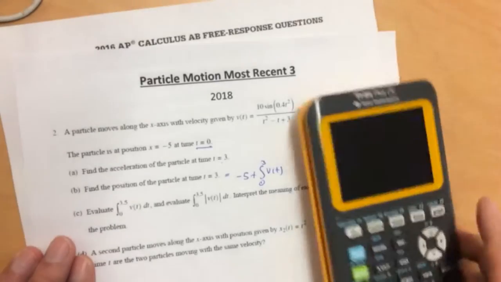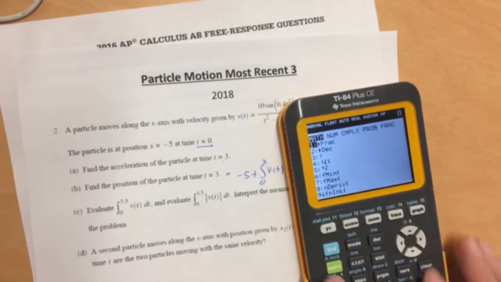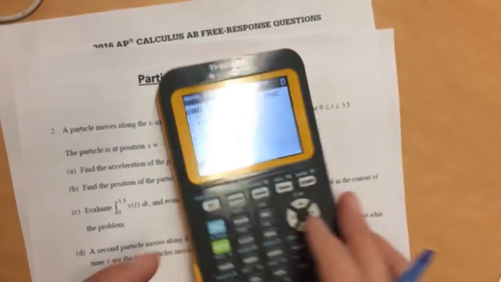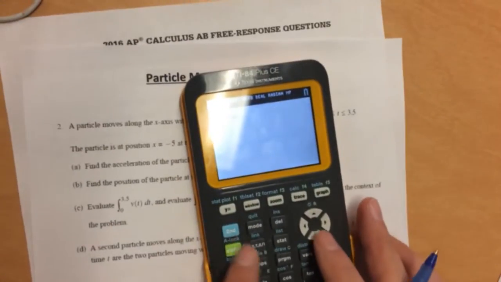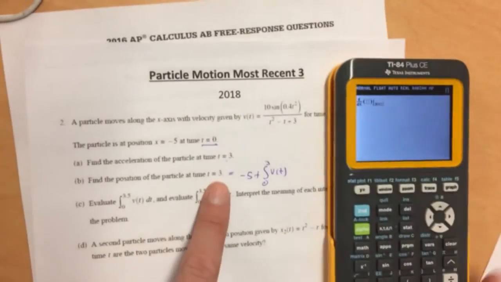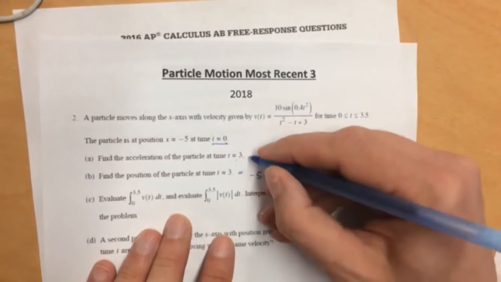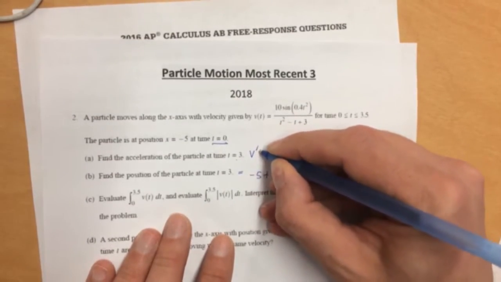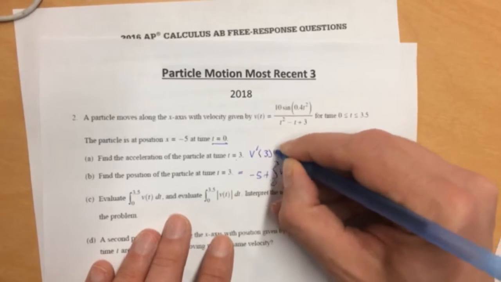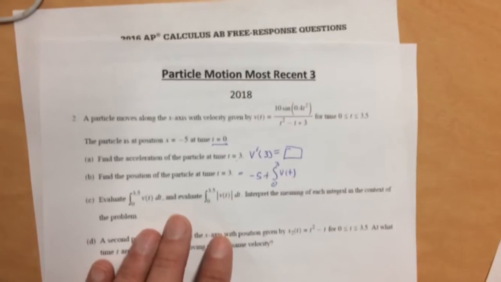And it's completely fine to just type into your calculator, find the derivative of the function at time equals 3, like you plug in the function and put it into your calculator, it's fine. But what you had to write down was v prime of 3 equals, and then give your answer that you get from your calculator.